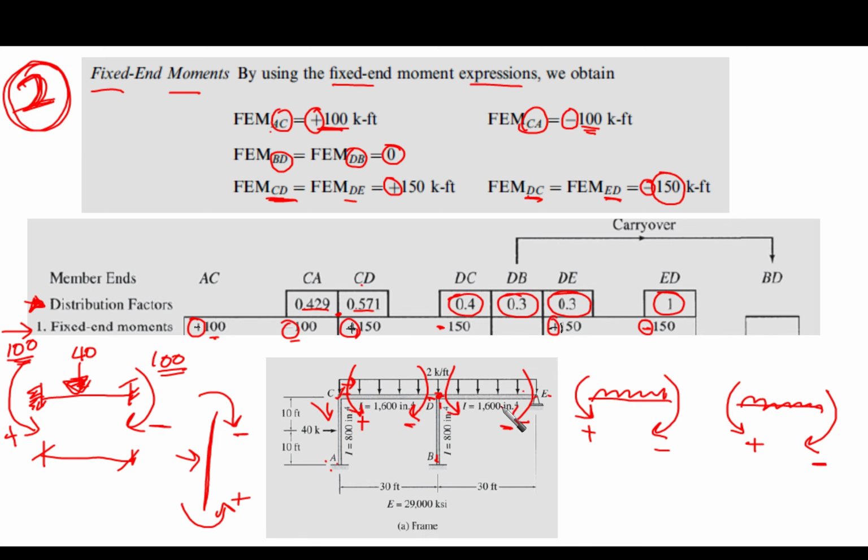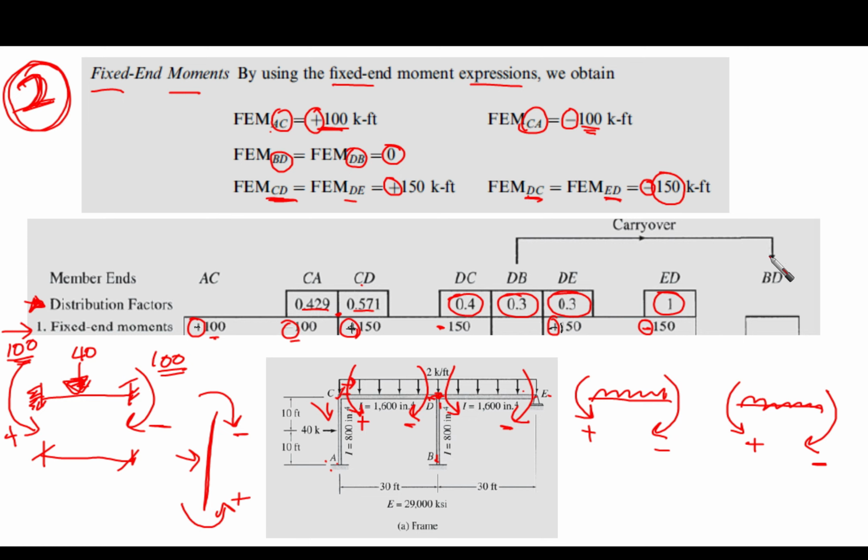Okay, there is one thing that is important to highlight. At point D, actually we have 3 branches, not 2 branches. When we were talking about the continuous beam, we were talking about 2 branches only, so we put DC and DB and that's it, for example. But here we have 3 branches. So this means that we need to put this branch, which is DB, because there are some carryovers that are going to be given here.